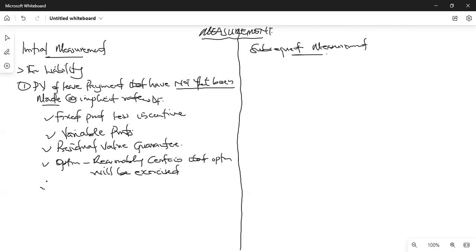Then lastly, we want to talk about any termination penalties that you may have to pay. So these are the items that you have to PV to obtain your lease liability.